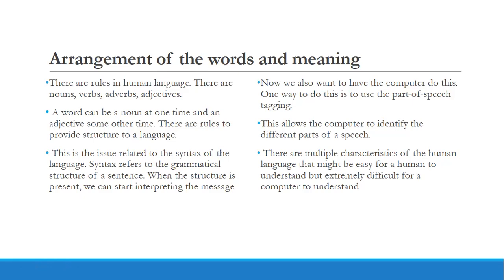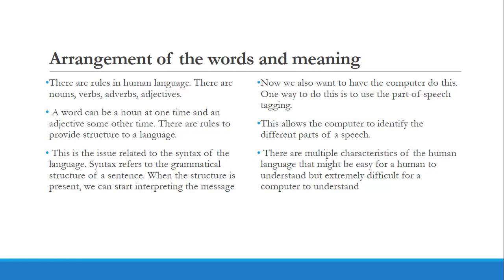There are rules to provide structure to this language. This is the issue related to the syntax of the language. Syntax refers to the grammatical structure of the sentence. When the structure is present, we can start interpreting the message. When the message is in proper manner, we can easily understand.